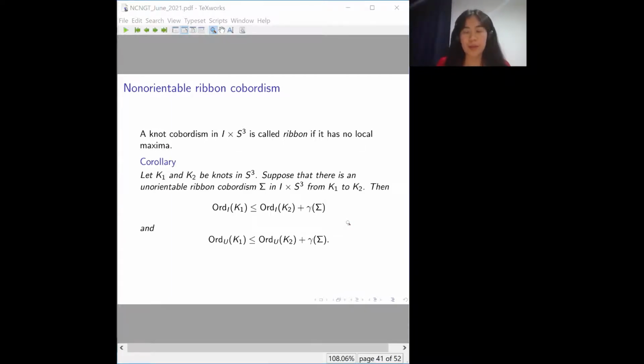And as an immediate corollary of our theorem, you can see that if there is an unorientable ribbon cobordism from K1 to K2, then the torsion order of K1 is bounded by the torsion order of K2 plus the non-orientable genus of the cobordism. And you can see this because it is immediate from the fact that this means there are no deaths.